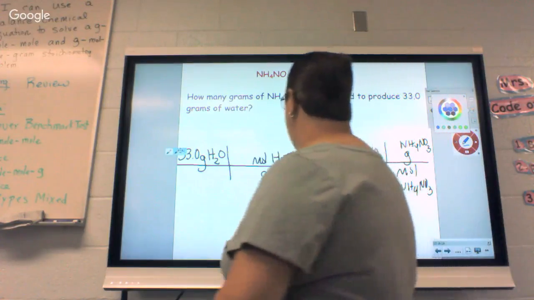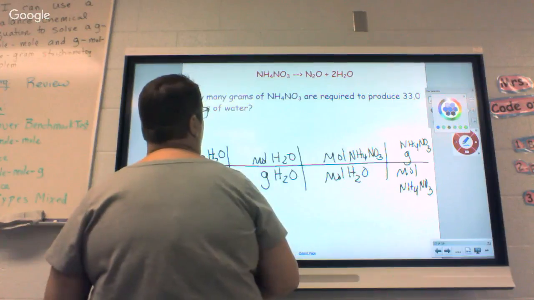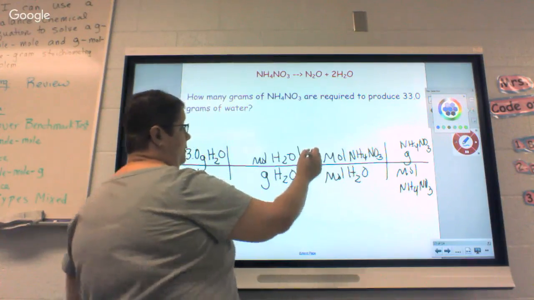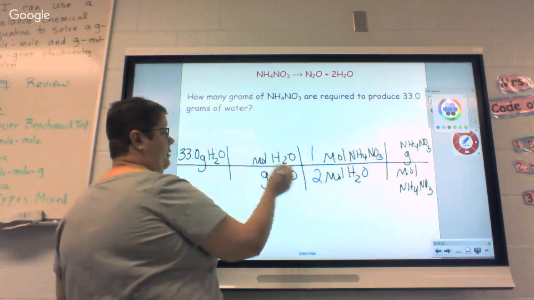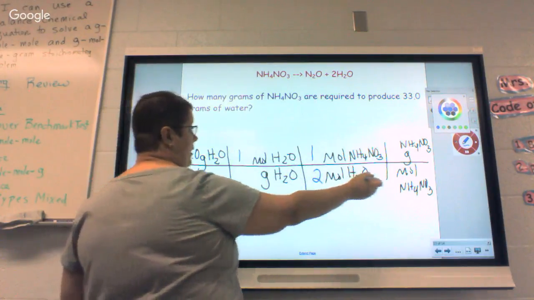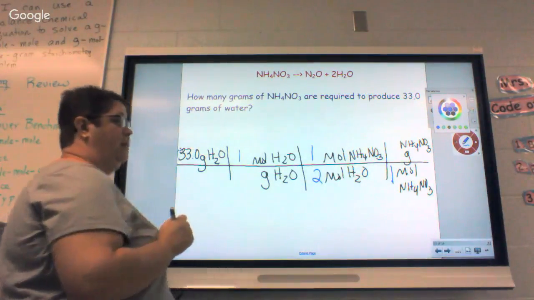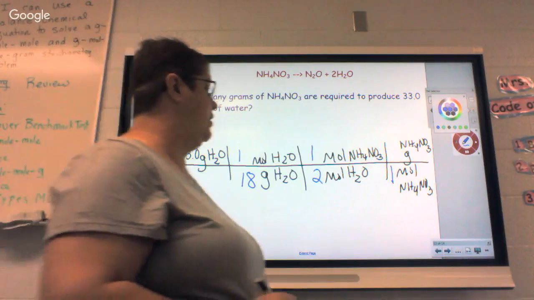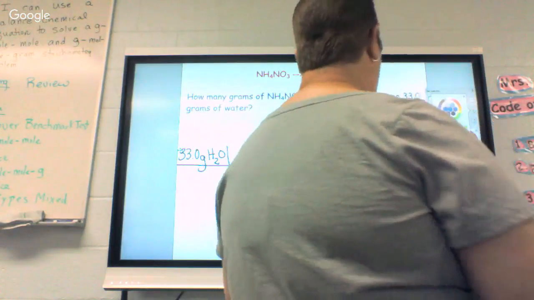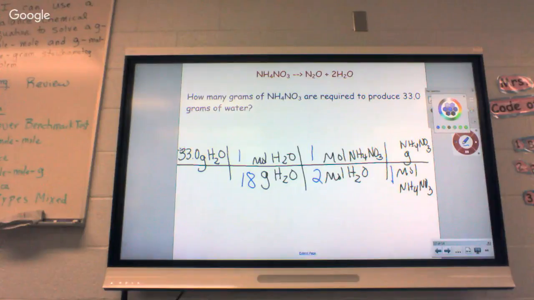All right. What goes beside moles of ammonium nitrate? Goes here. And here. Here. And here. Remember, moles of grams are always 1. The mass of water is 18. Ammonium nitrate is going to be 14, 28, 4, 32, 32, plus 48 is 80, I thought.